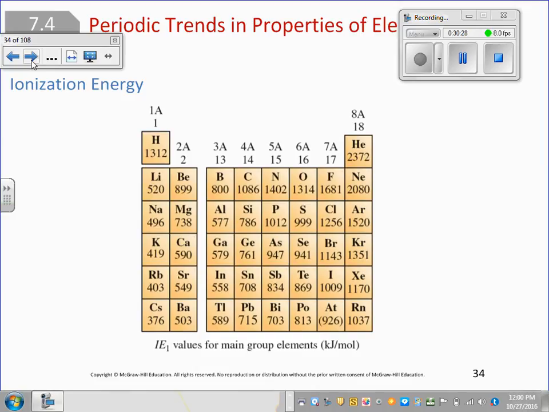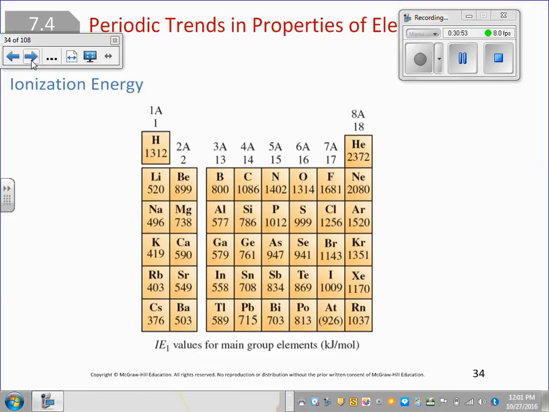So even though these are the same level, remember the cats in the box? So before, up until we got to nitrogen, we had one cat in each box. So to remove it, it didn't matter which cat, the same amount of energy. When I get to oxygen, now I have two boxes with one cat, and I have one box with two cats, and the cats hate each other.